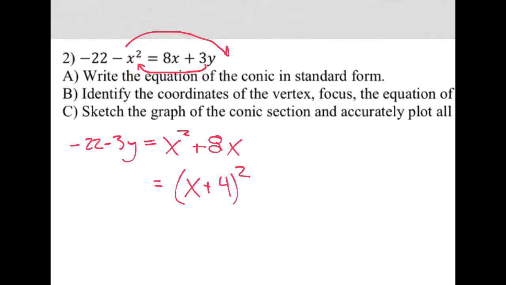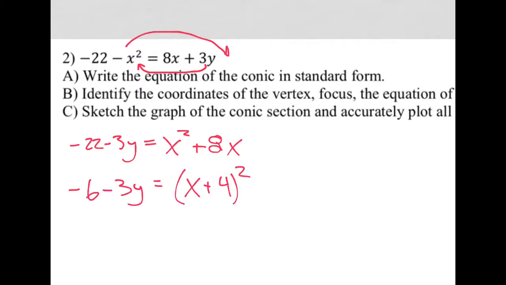Notice again, that's just half of that 8, and it keeps the sign. But I have changed the equation. I've added 4 squared, and so I need to add 4 squared to the left. Well, 4 squared is 16. The difference between 22 and 16 is 6. If you added 6 to 16, you'd get 22. And the 22 is negative. The larger number is negative, which means we're left with a negative 6 minus that 3y.